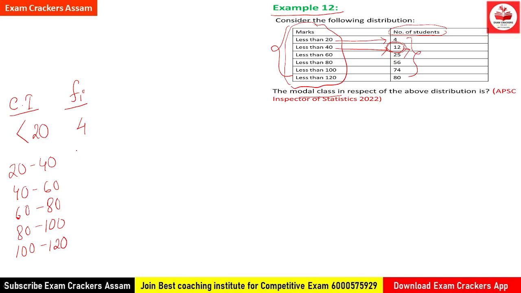So if we subtract 4 from 12, then we get the students in between 20 and 40. Right. So 12 minus 4, that is your 8. Okay.